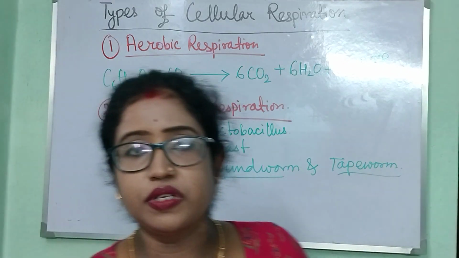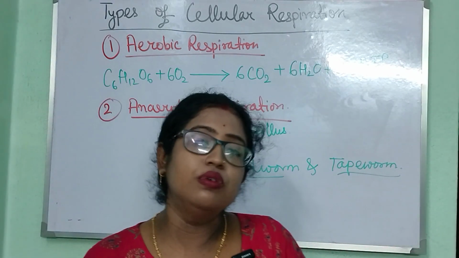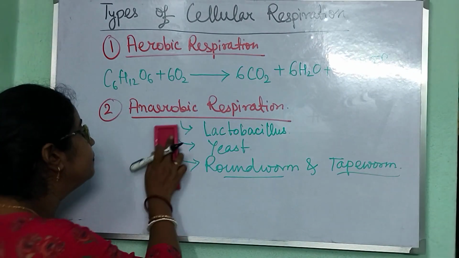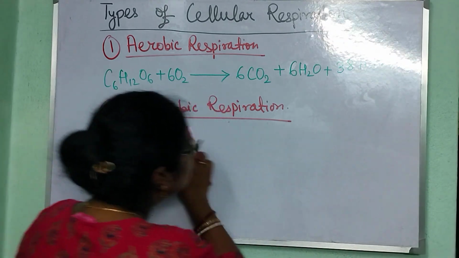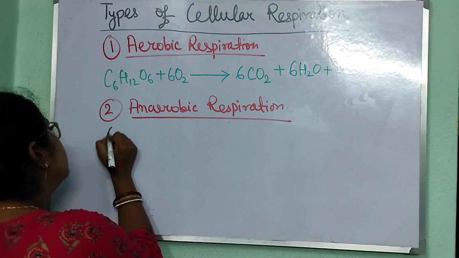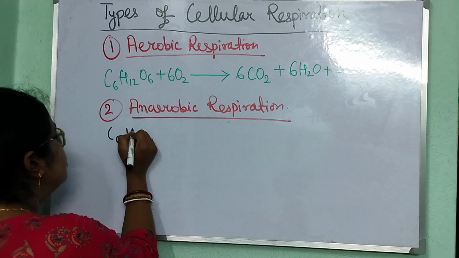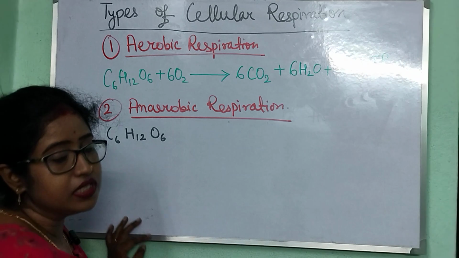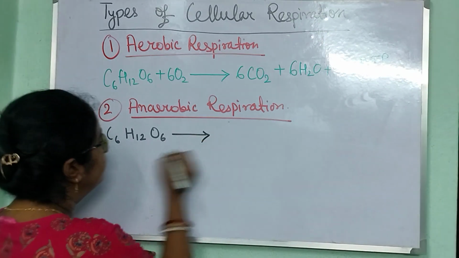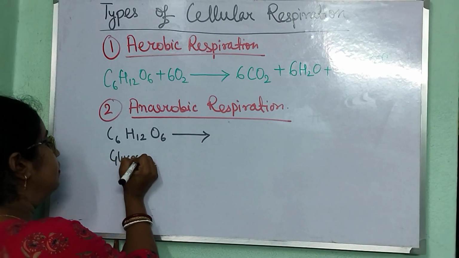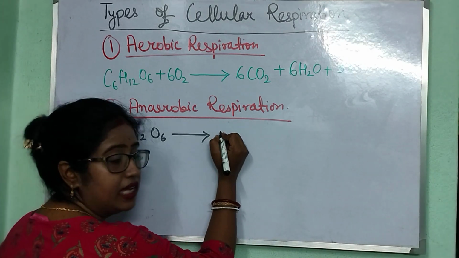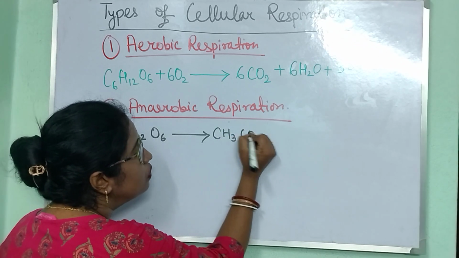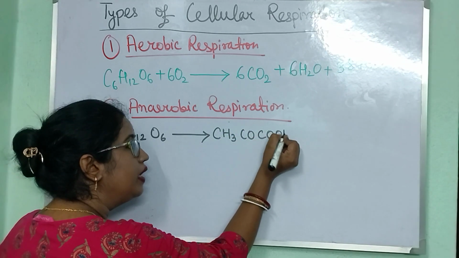In anaerobic respiration, the glucose is first converted into pyruvic acid. In their body, the glucose molecule, that is C6H12O6, is first converted into pyruvic acid, that is CH3COCOOH.